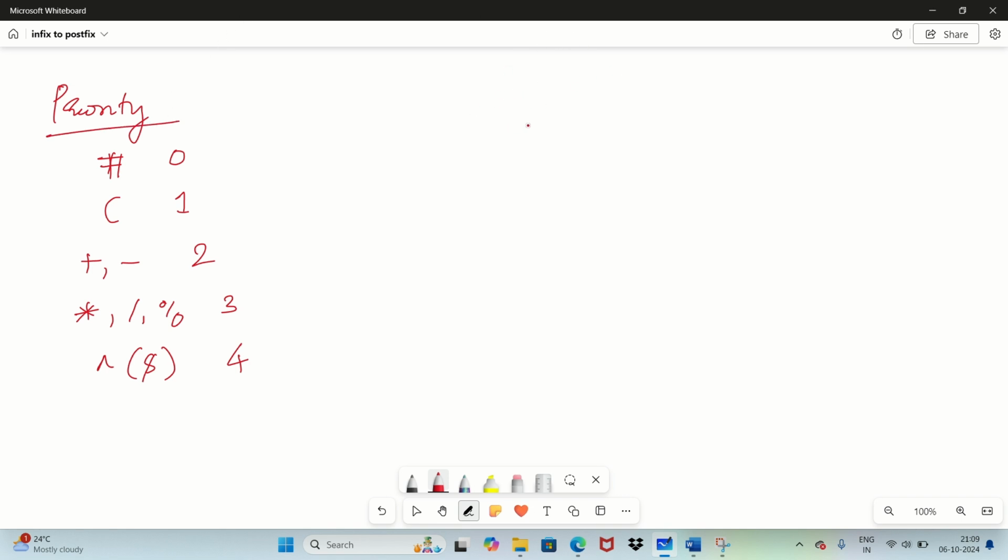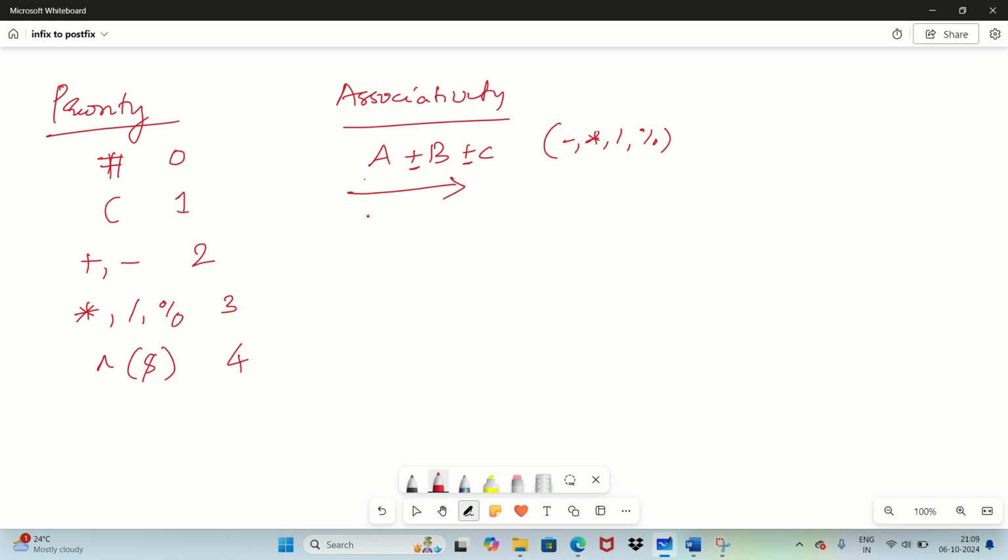The next thing you always have to consider is associativity. If you have, suppose, a plus b plus c, that is, more than one plus operator, or not only plus but also minus, into, slash or modulo, you are going to use left associativity.